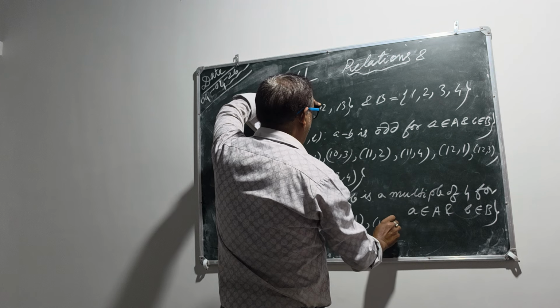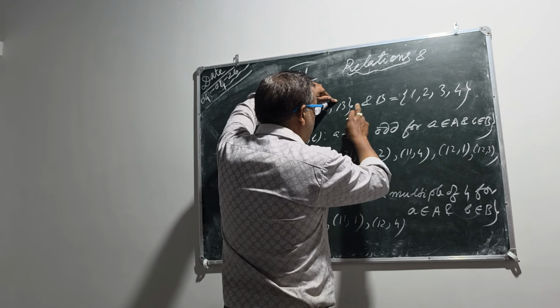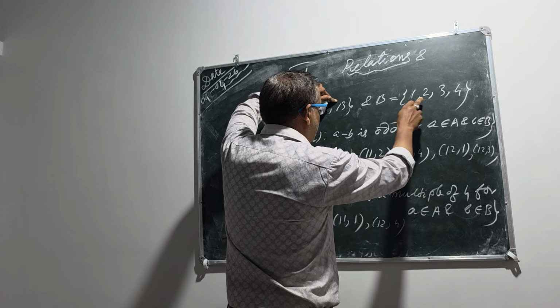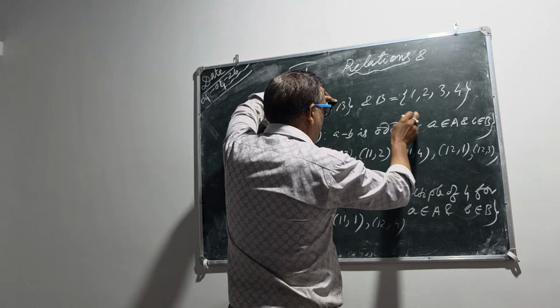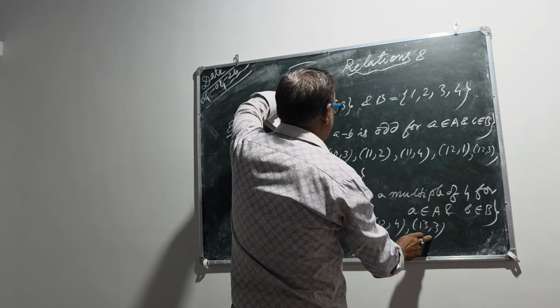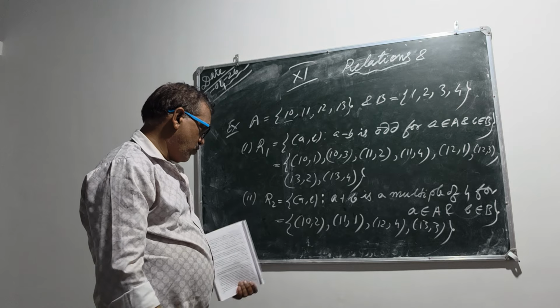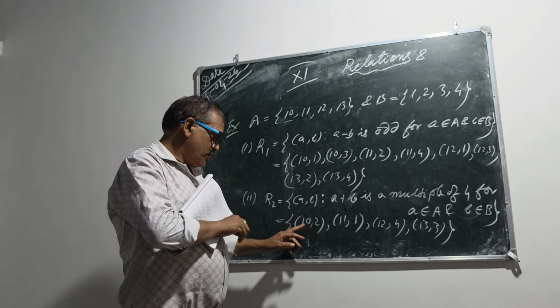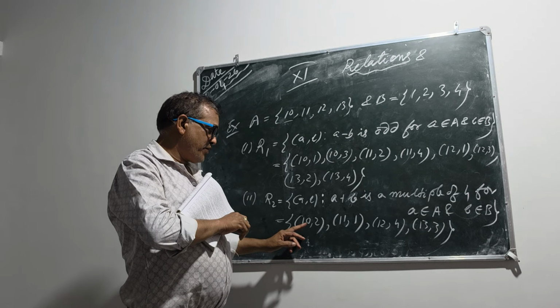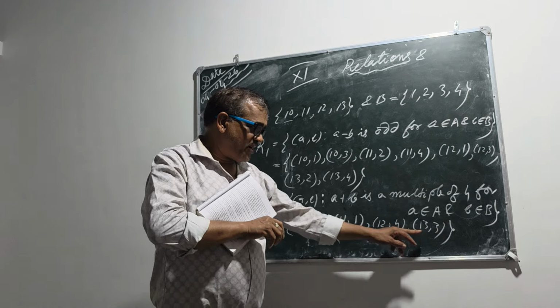12,4: 16 is divisible by 4. So (12,4). Then 13 plus 3, (13,3); their summation is 16, so 16 is divisible by 4. So for these ordered pairs, their summation is 12, here it is 16, here it is 16.